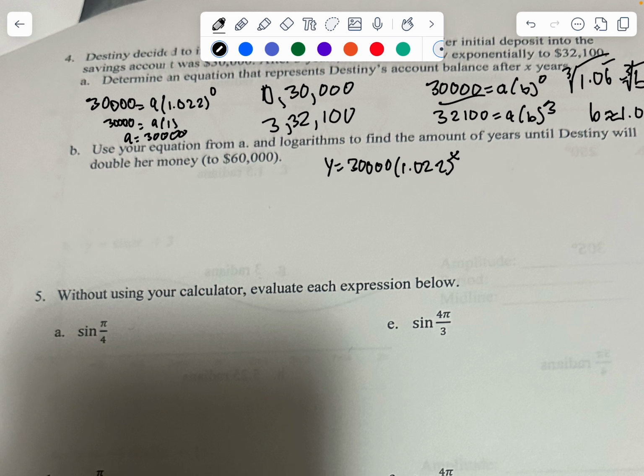Use your equation from A and logarithms to find the amount of years.